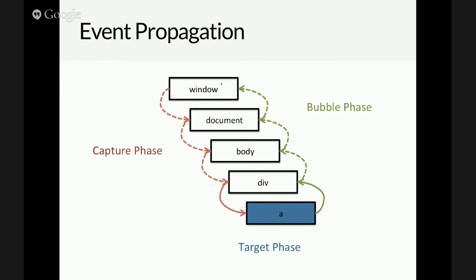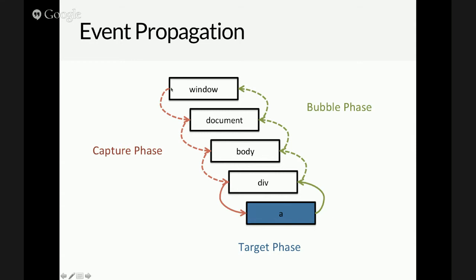Right now you might be wondering why all of this is useful. There are a few use cases for it. The primary one for the capture phase, I think, is a lot of times logging. Let's say you wanted to record all of the user's actions for analytics, or if there was a bug, you wanted to be able to play back what they've clicked on or what they've done.